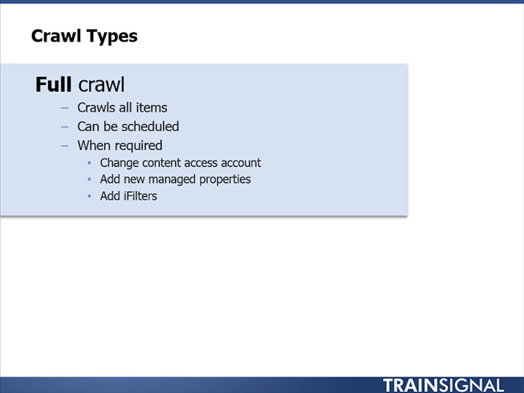And when you do go in and do that, you're going to find that it's something you're going to be fully aware of, that you're going to be doing some testing, you're going to be doing some planning, and you'll just schedule this whole thing to kick off over a weekend. So that way, when everybody comes back in on Monday morning, all of the data that's been impacted by that change will now have been crawled. So you can go in and schedule that.